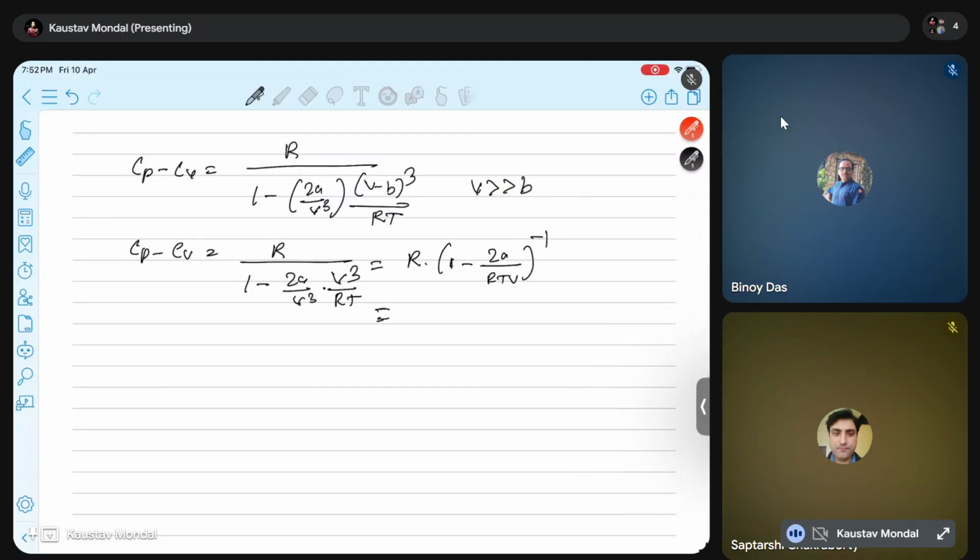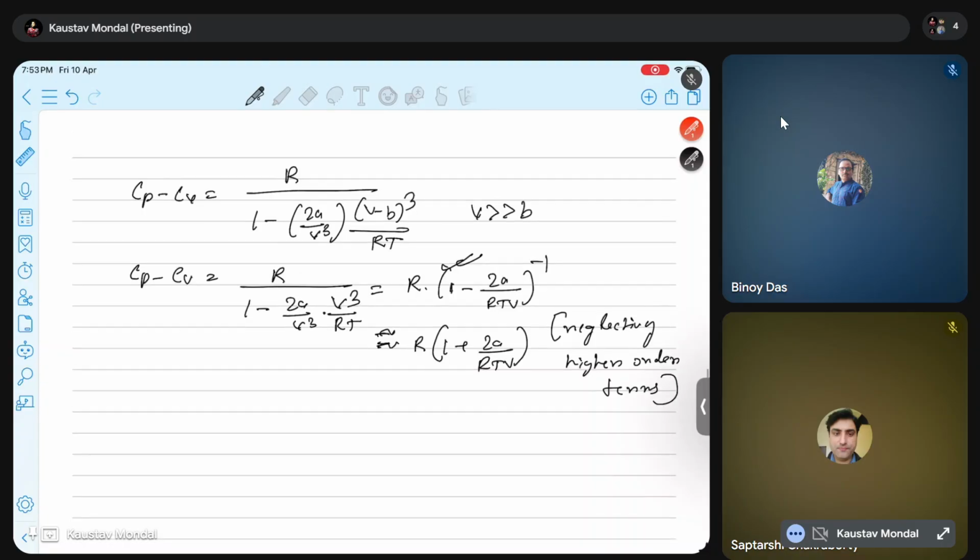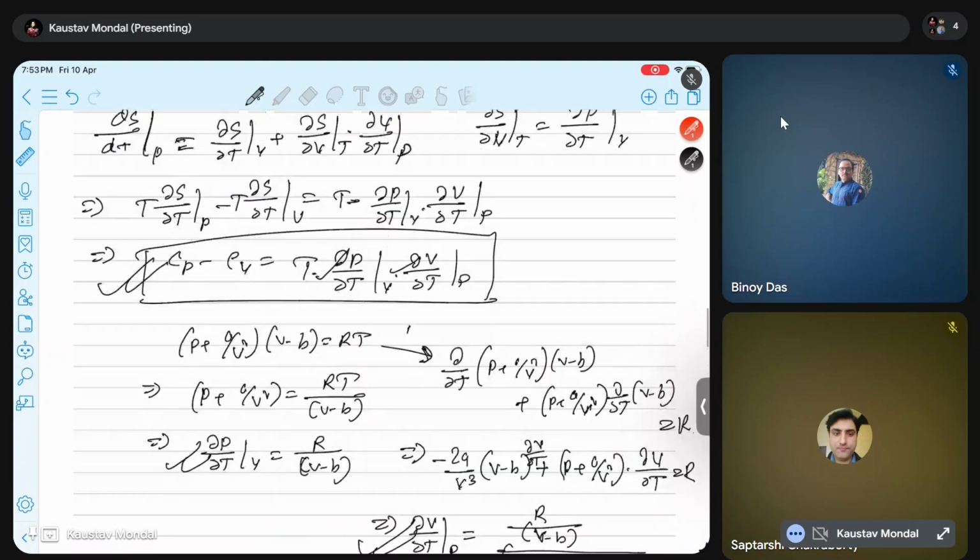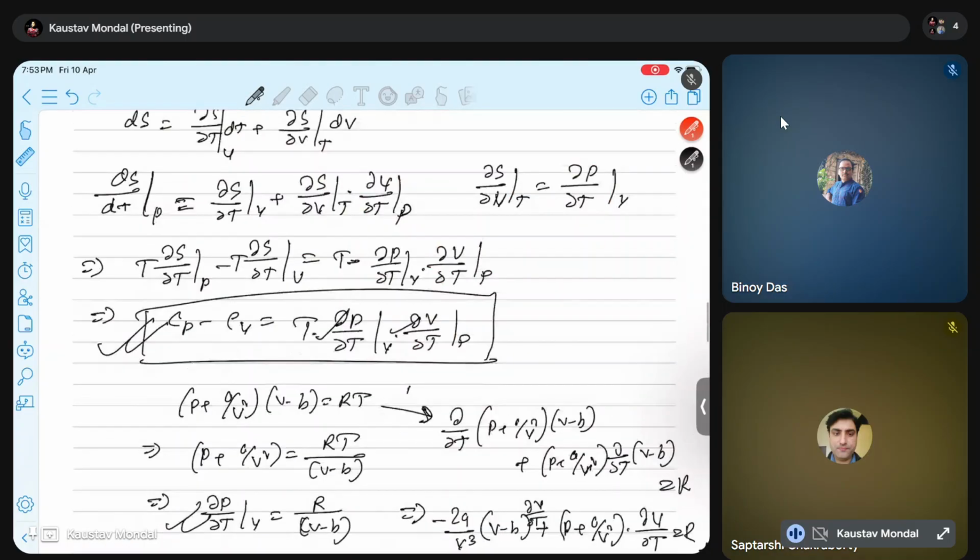So now after binomial expansion of this particular equation, you can neglect the higher order. Okay, in that case it will become R into 1 plus 2a by RTV, neglecting higher order. This is the expression of Cp minus Cv for a Van der Waals gas. So this is it. So this is our last problem.